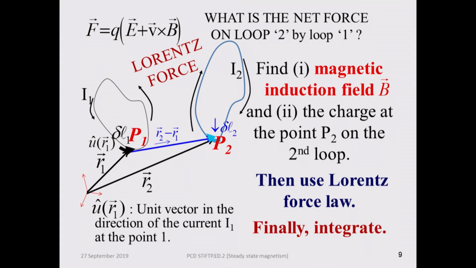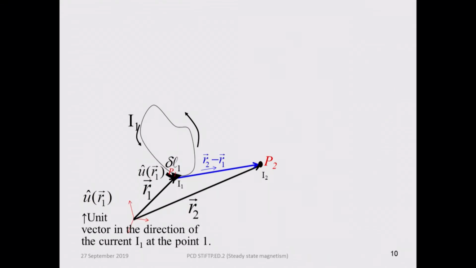Then you must find what is the charge at the point P2, which you get from the current, because if you know the current, you know what is delta Q by delta T. So, current times delta T will be the charge element over there, and that charge element will experience the Lorentz force, and then you just integrate over the whole loop. Okay. So, the technique is very simple.